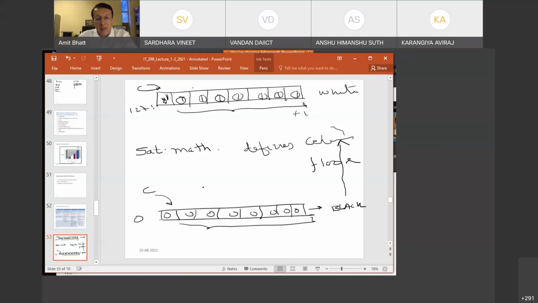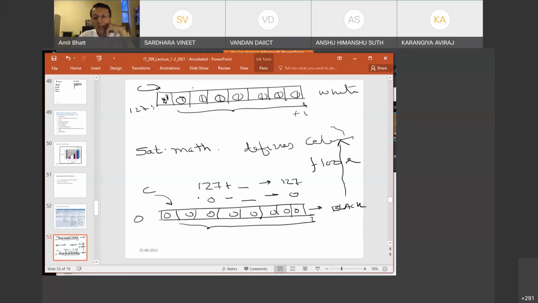That means it would say that 127 plus whatever number will remain at 127. It will not go beyond 127. And 0 minus whatever number will still remain 0. It will not go below this because otherwise you will have this problem.